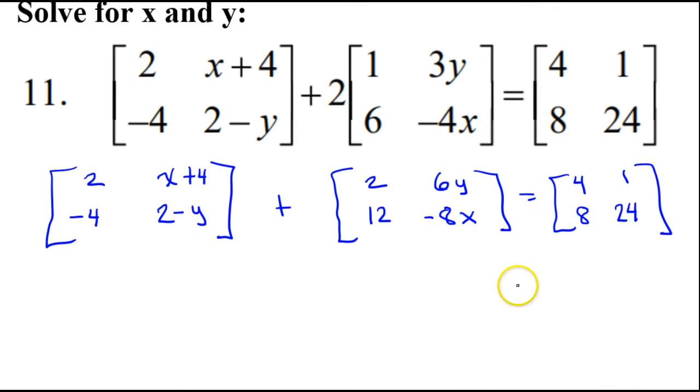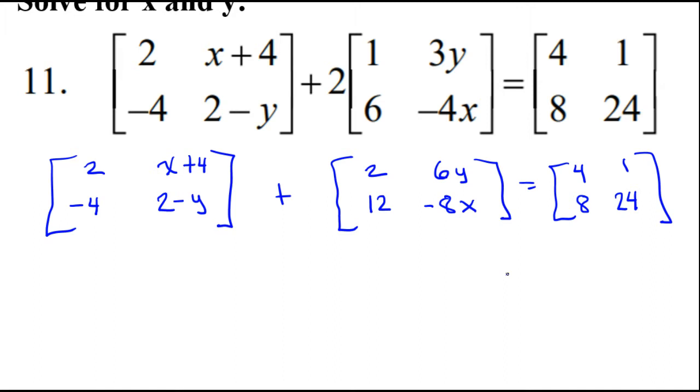All right, now we can start building our equations. So I know I need to solve for x. So I can make one equation by doing this. Look at the element in the first row and the second column. So I have x plus 4, and I have 6y, and I have 1.